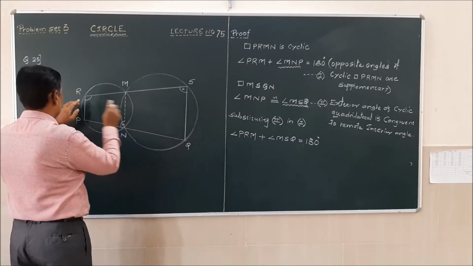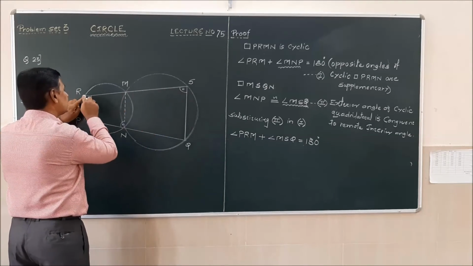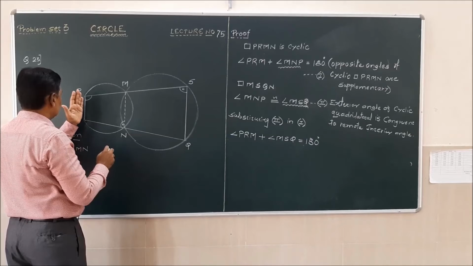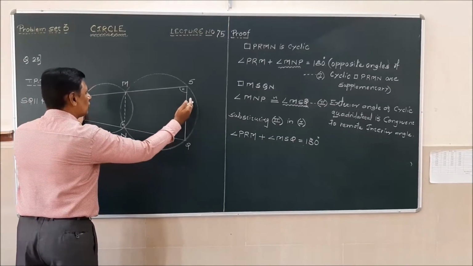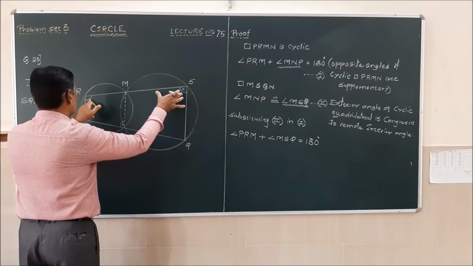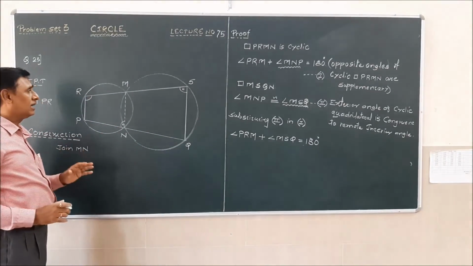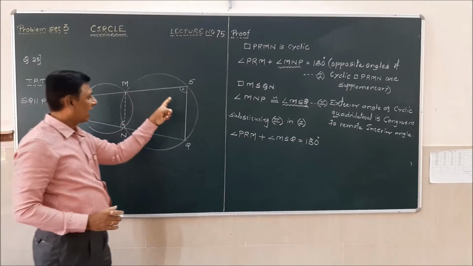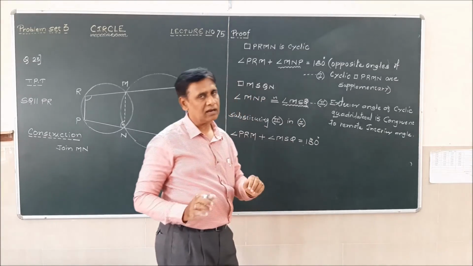If you consider RS as a transversal, then for these two lines PR and SQ, these are interior angles. And if interior angles are supplementary, the lines are parallel.